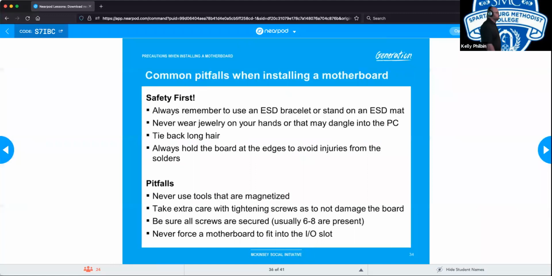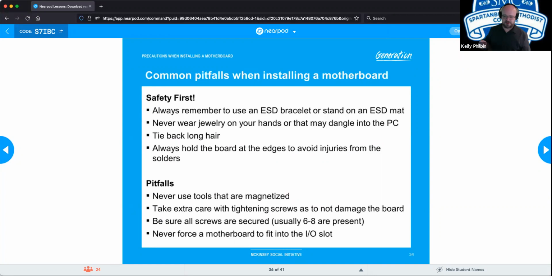All right, common pitfalls when installing a motherboard. Biggest one is the ESD bracelet, because again, what amount of voltage does it take before a human feels something? How many volts does it take before a human would actually even feel it?